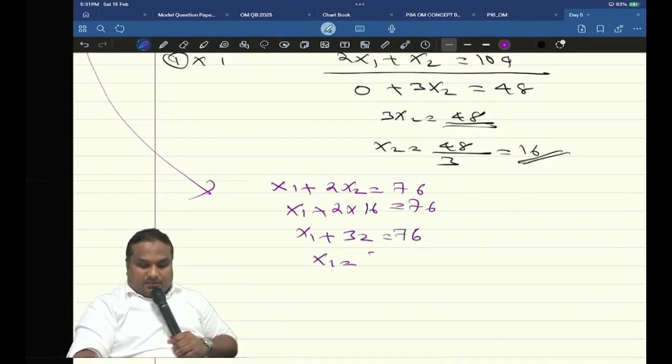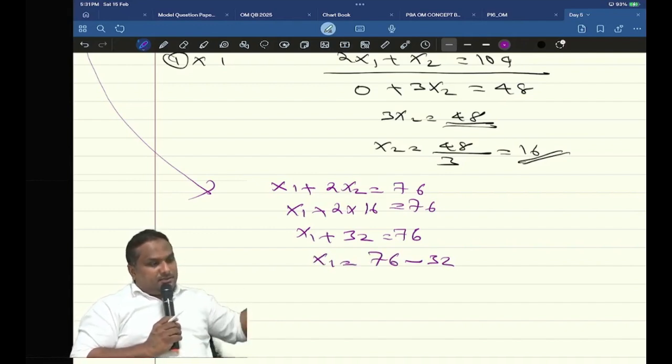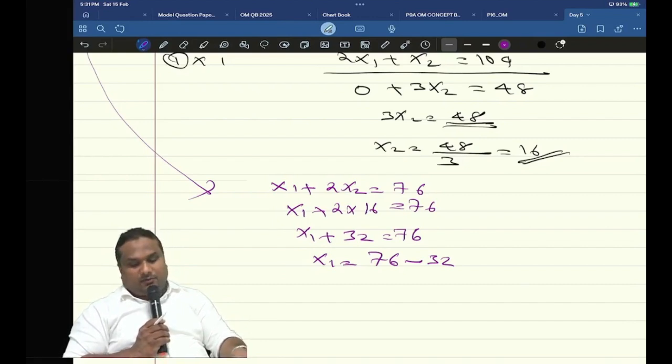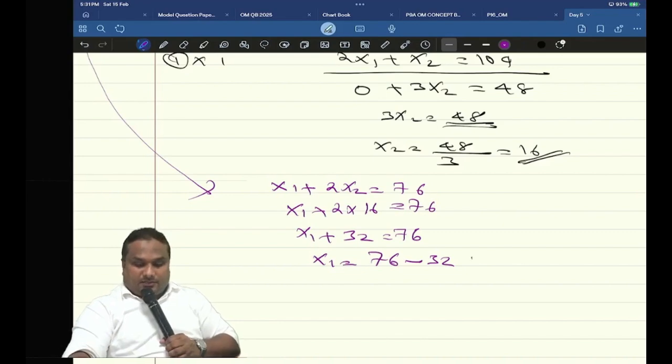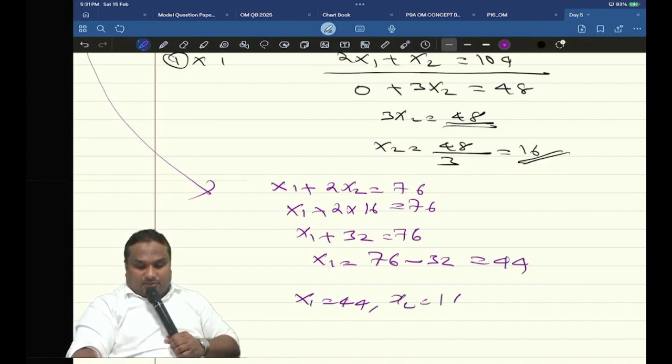So x1 is equal to 76 minus 32. I'm very poor in calculation. 76 minus 32 is 44. So we got x1 is equal to 44 and x2 is equal to 16.